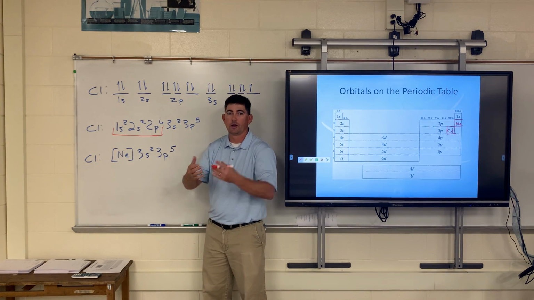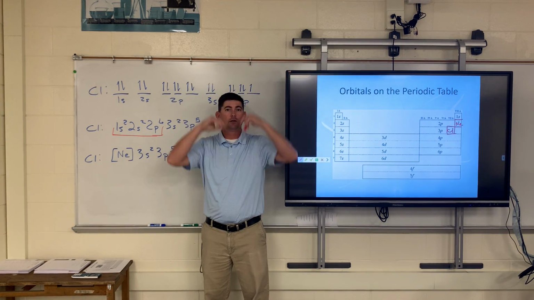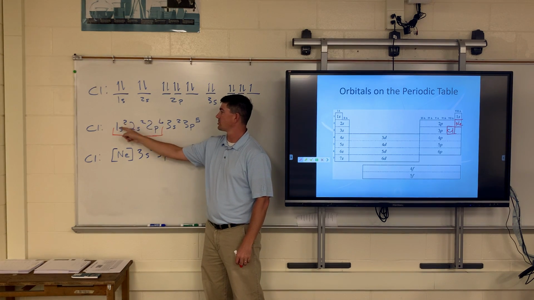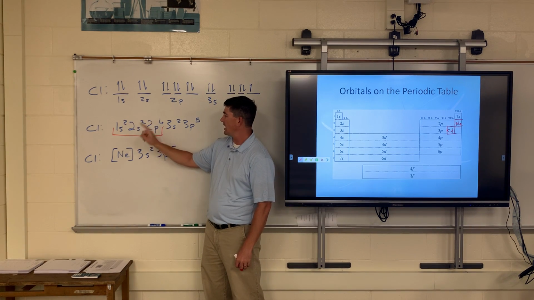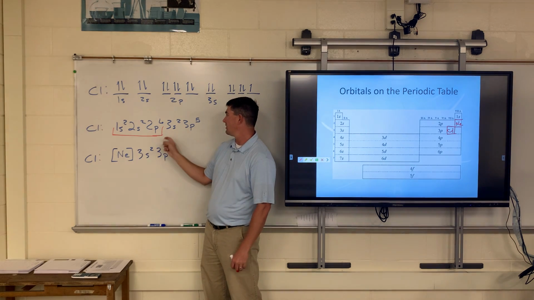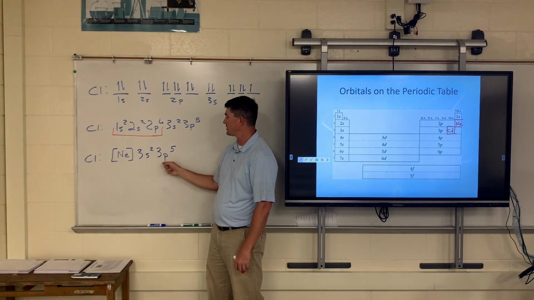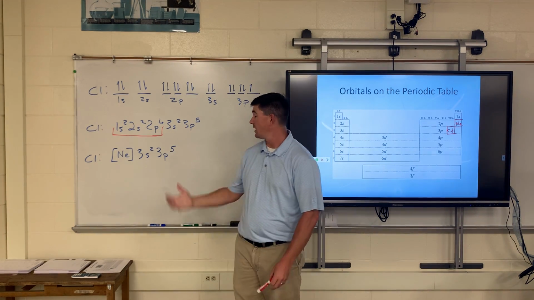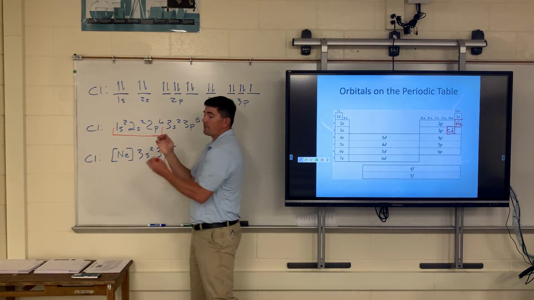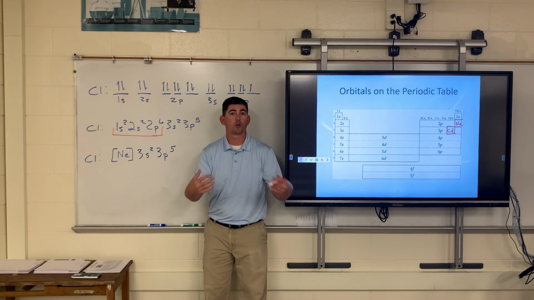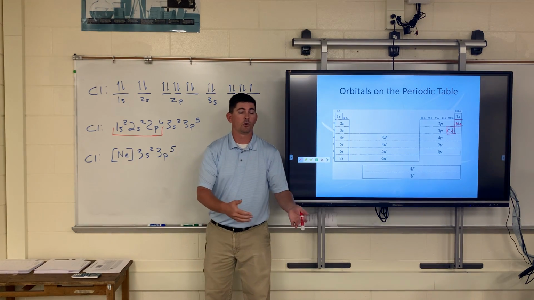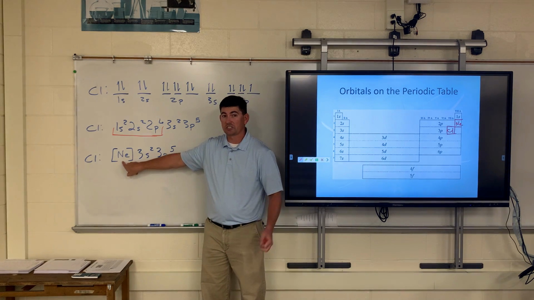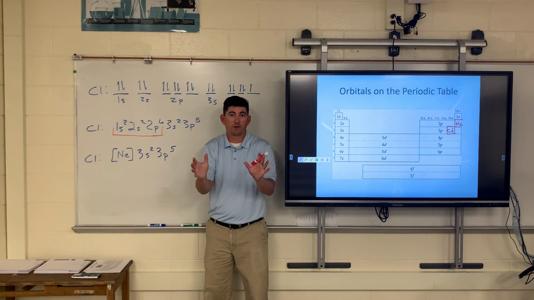We replaced all of this, which would be neon's electron configuration. So we just simply said, hey, neon core, and then we had to write just the 3s2, 3p5, okay? So here, it saves us a little bit, but as you go further down, it gets longer and longer, and it's going to save you more and more time and effort to do this, okay? And once again, it's called noble gas configuration, okay?